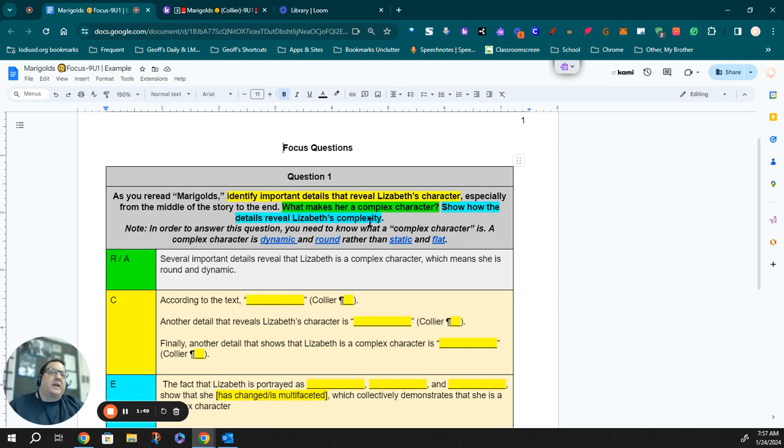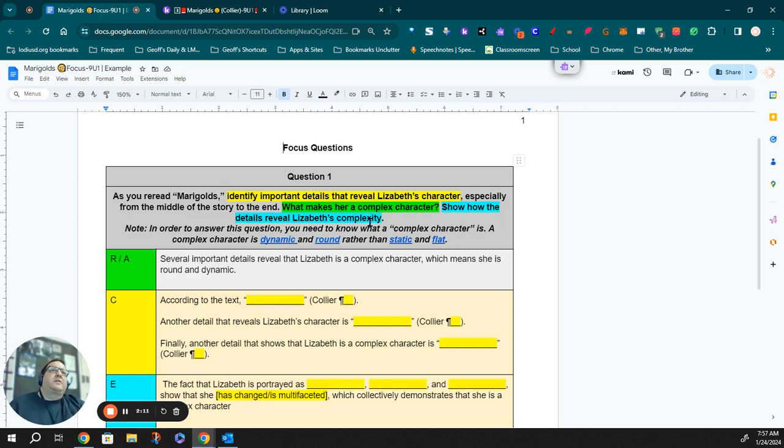It's sort of like having somebody who's, let's say, really funny, for example. If they're always only ever telling jokes and always funny, then they're probably not a very complex or round character.